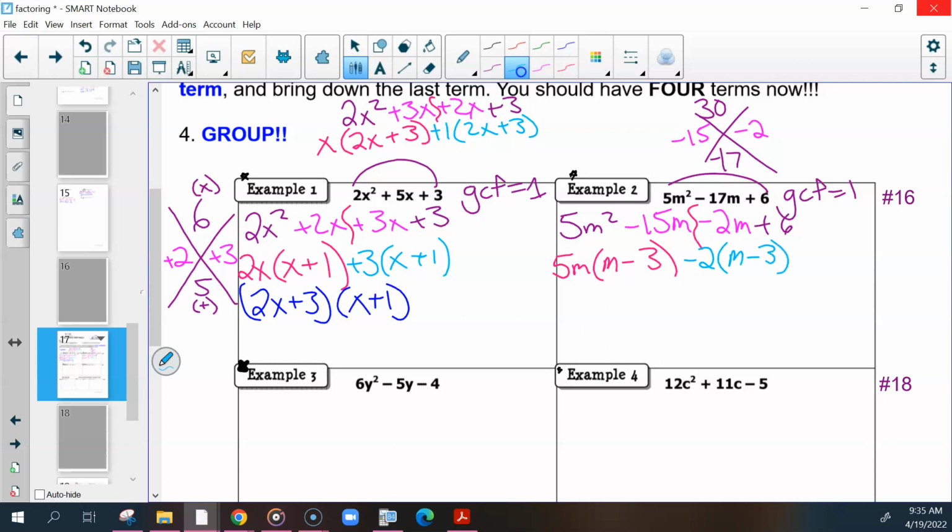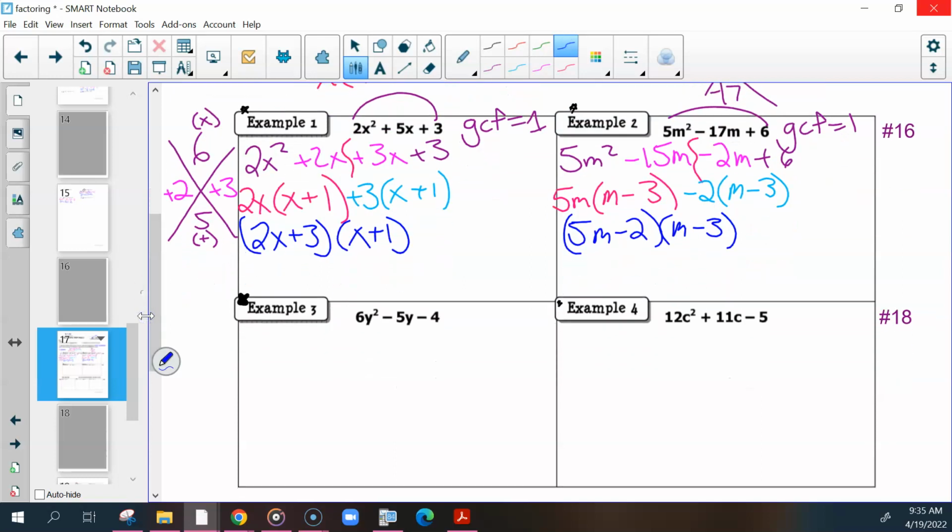And then our two factors would be 5m minus 2 and m minus 3. Don't put plus minus.